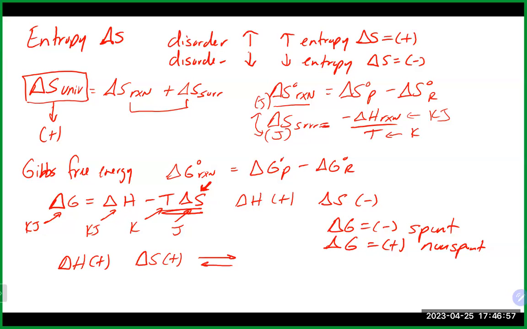Because remember, the S is in joules and the H there is in kilojoules. So you're off by a factor of 1,000 to begin with. So you would need a really large temperature for that reaction to basically become negative in terms of the delta G. Obviously, at lower temperatures, it would be non-spontaneous in that situation.